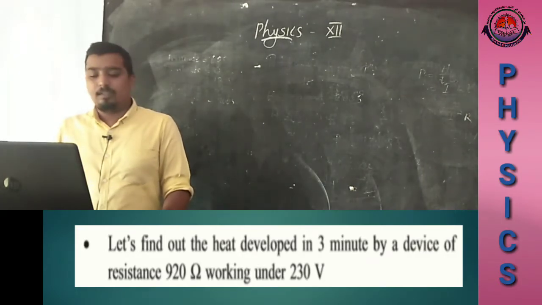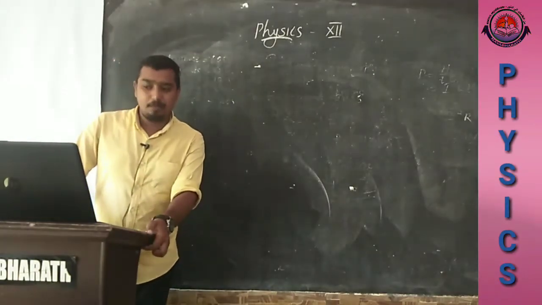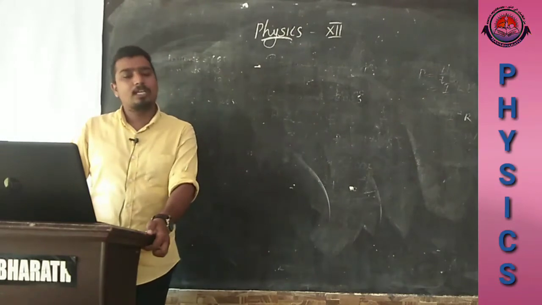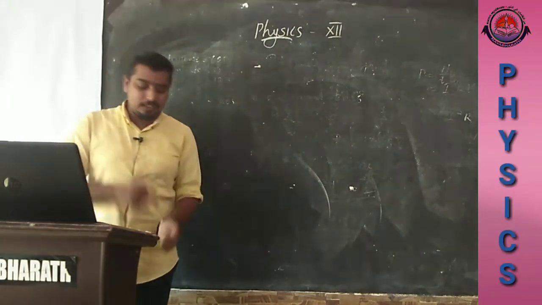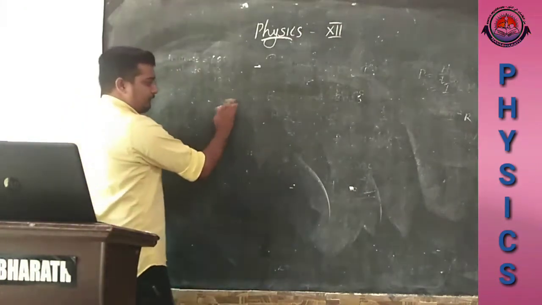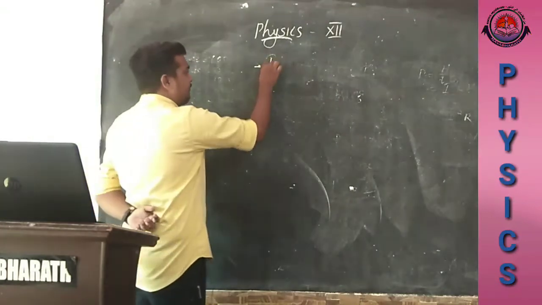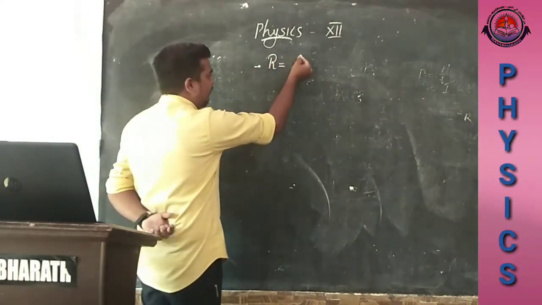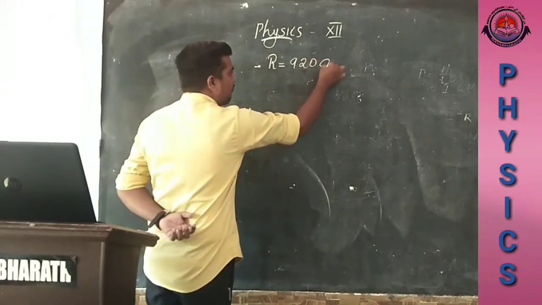Okay, here let us find out the heat developed in 3 minutes by a device of resistance 920 ohm working under 230 volt. In this question, what are the given values? First one is resistance R equal to 920 ohm.